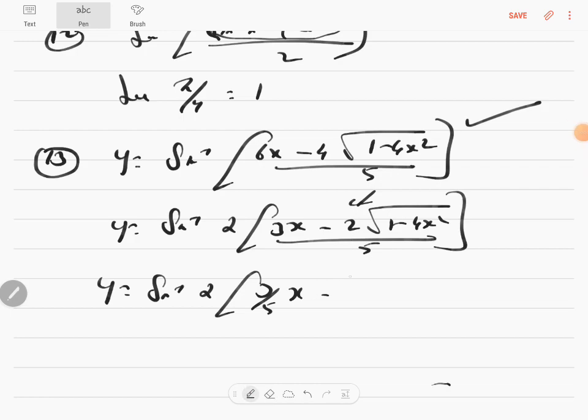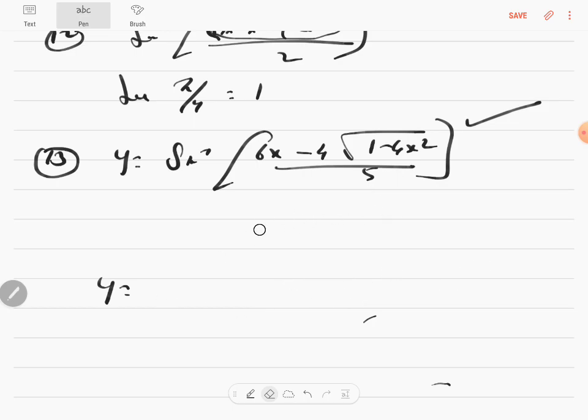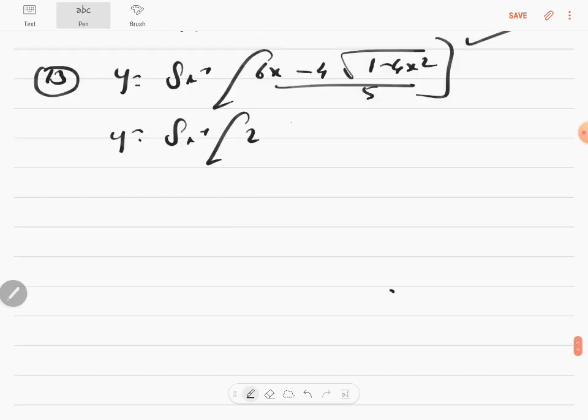It's not happening because I'm getting a 2 by 5 into root of 1 minus 4x square, and 2, 3 and 5 doesn't make a triplet. So I'm showing you how you get stuck with the sum, and then how you proceed. You have to assume y is equal to sin inverse of, this is 2 into 3x or 3 into 2x. Let's try that.